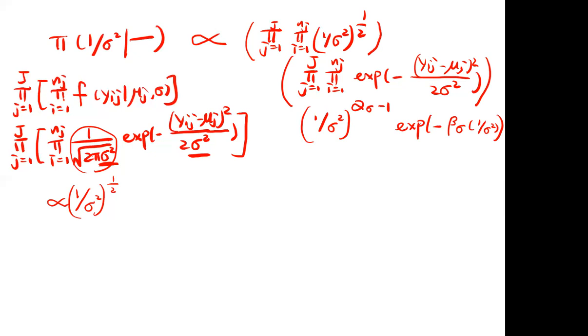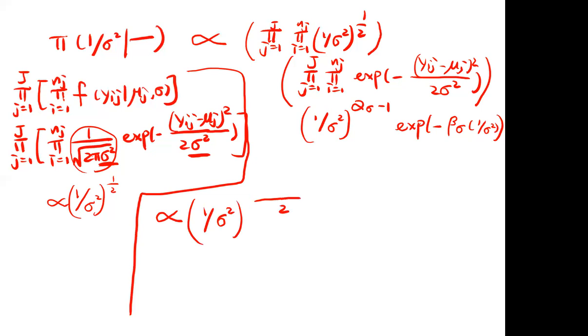All right, so how can I expand it? First of all, it's 1 over sigma squared to the power of 1/2, and then I take the product over all of the nj's, and then the product over all of the j, capital J's. So essentially I have 1 over sigma squared, but I'm summing over.